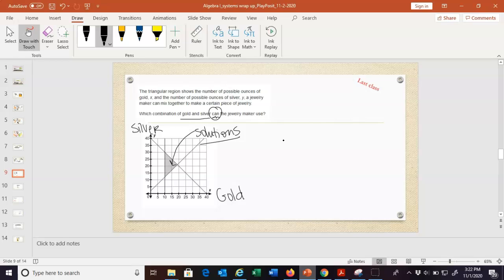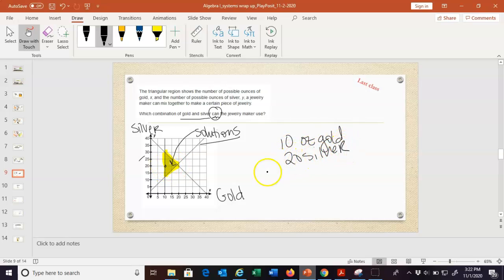So what combination can they use? You can use anything in here. And we can put up some examples. They can use, let's see, let's do 10 ounces of gold and 20 ounces of silver.